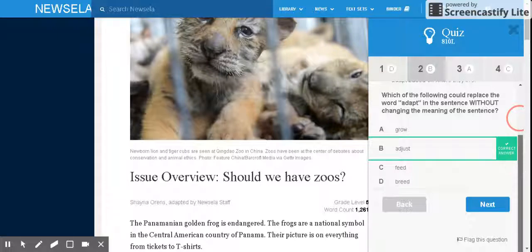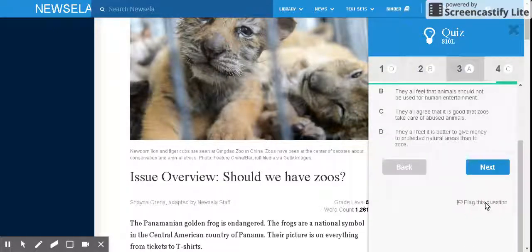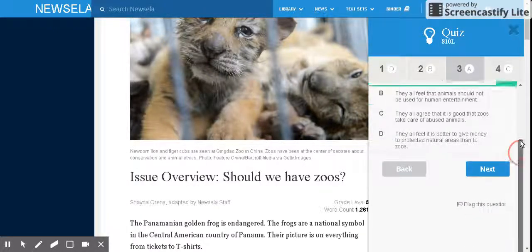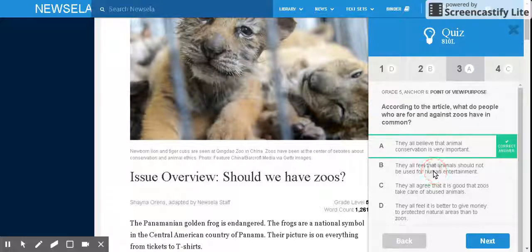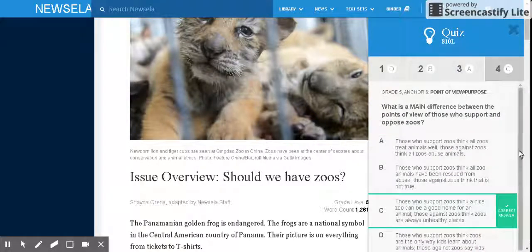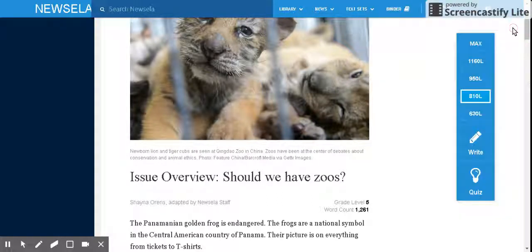So the questions are not the same for every level. The students obviously are not going to have the answers up here. They're going to have the questions. They have to choose the correct answer and move on to the next one. The students do get immediate feedback. They know exactly how many they have correct and incorrect, and that data is all stored, and I'll show you that in just a little bit.